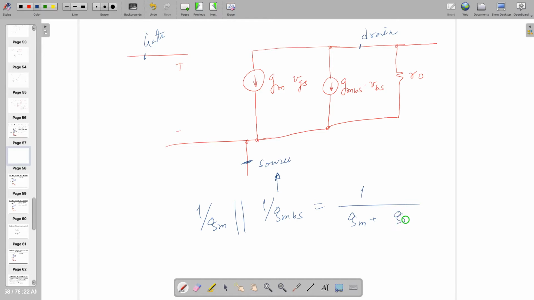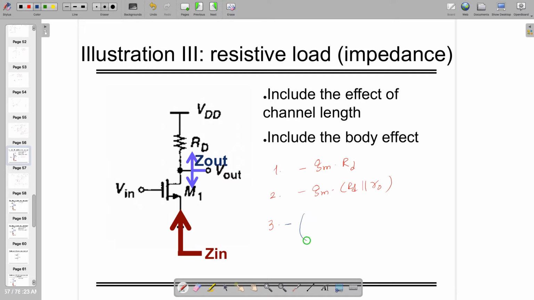Is it correct? Can you check? Right? So this is the impedance looking from the source side. So if there is a body effect, the rest of the things are the same. But the third option happens when you include the body effect. If you don't include it, then the answer might be the first or second. So all the answers are correct, but under different conditions.